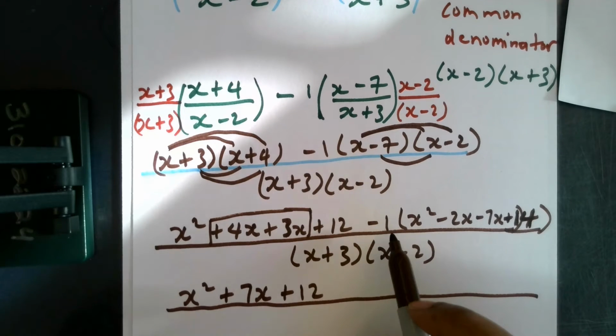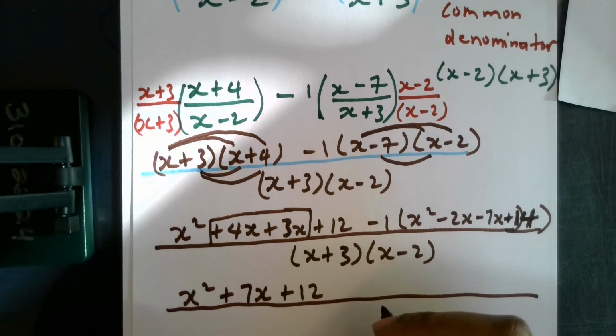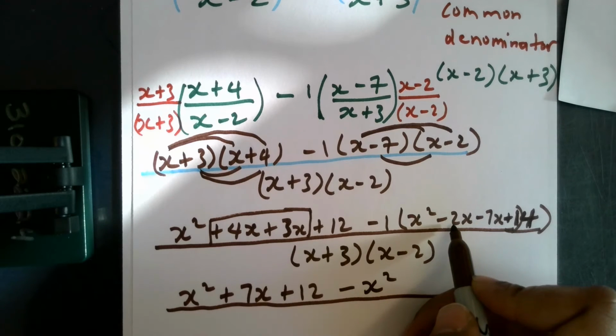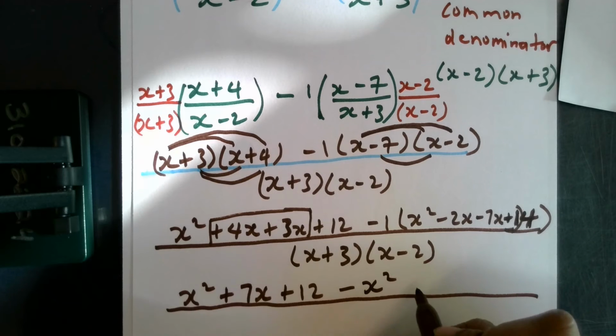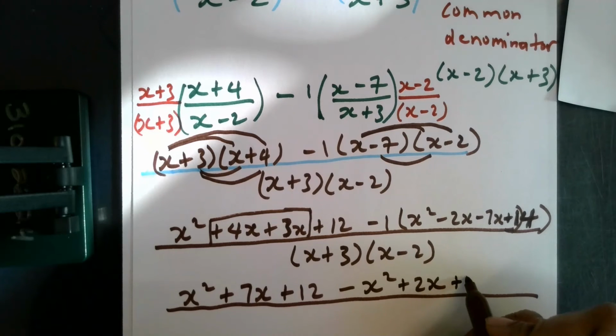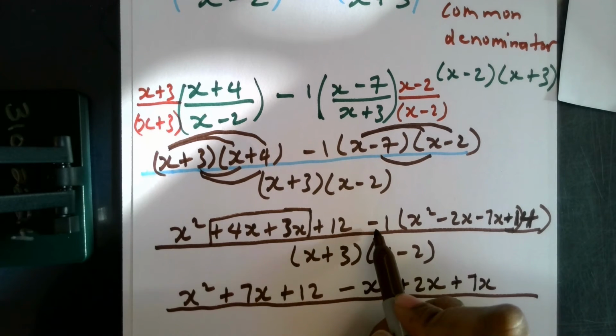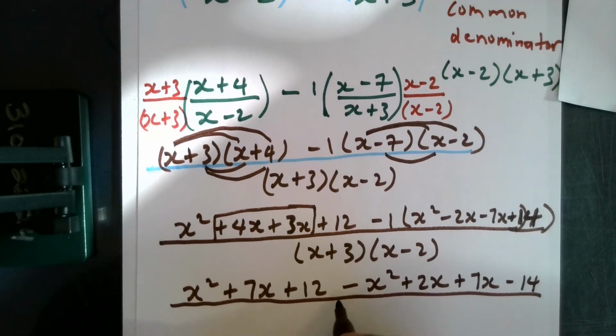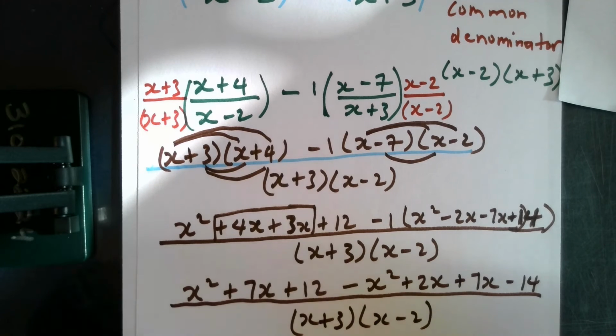So -1 times x squared, that's going to give me negative x squared. -1 times -2x, that is positive 2x. -1 times -7x, that's a positive 7x. -1 times a positive 14, that's -14, over x plus 3 times x take away 2.